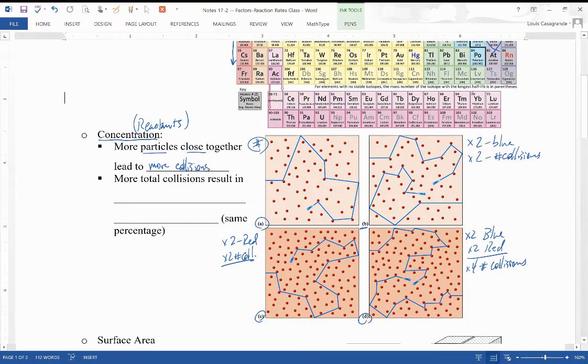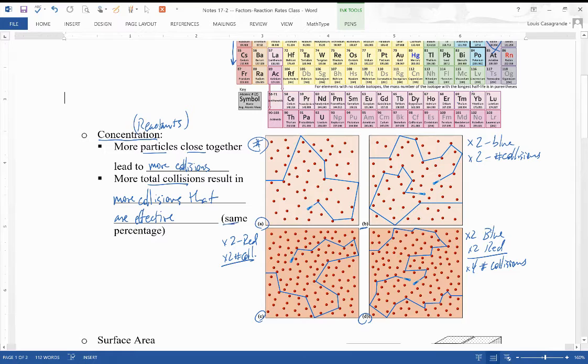So basically, we're working with the numbers game here. More total collisions will result in more collisions that are effective. So those are the collisions that have the correct orientation, that have the right amount of energy to reach that activated complex.